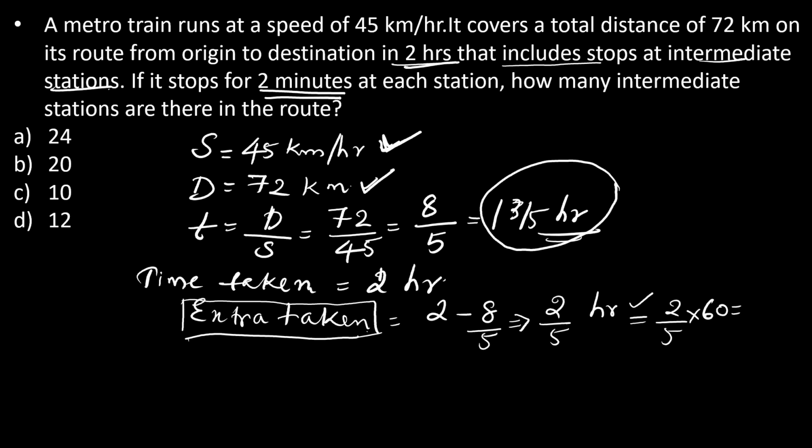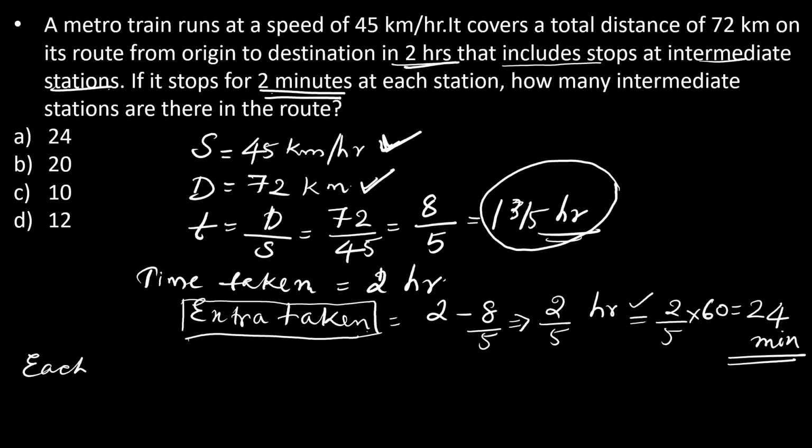which is equal to 24 minutes. Okay. Now the time taken by the train at the intermediate stations is 24 minutes. It is also said that it stops for 2 minutes at each station.